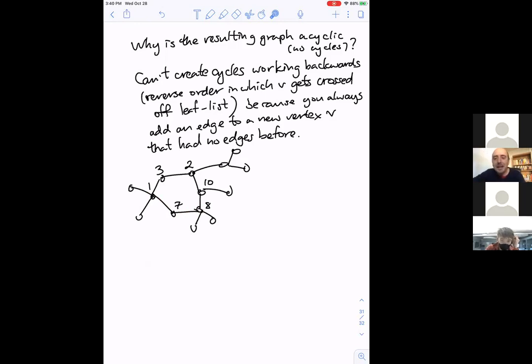Okay. So the point is that it creates a connected acyclic graph no matter what code you wrote down at the beginning. If you do this algorithm that we ran through, and it's not too hard to check once you believe this, any code produces a tree.